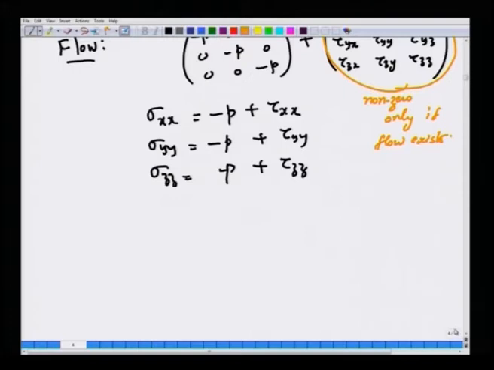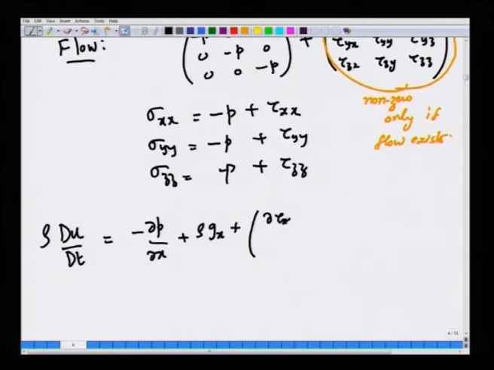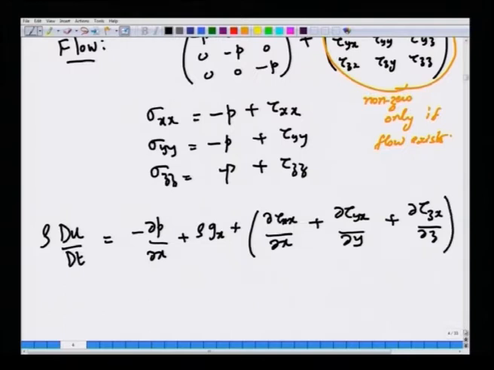Okay. So, then we wrote rho du dt is minus partial p partial x plus rho g x plus partial tau x x by partial x plus partial tau y x by partial y plus partial tau z x by partial z. Okay.